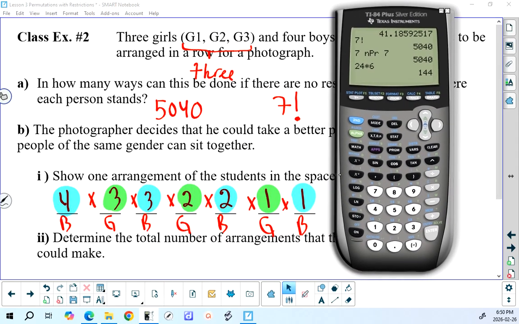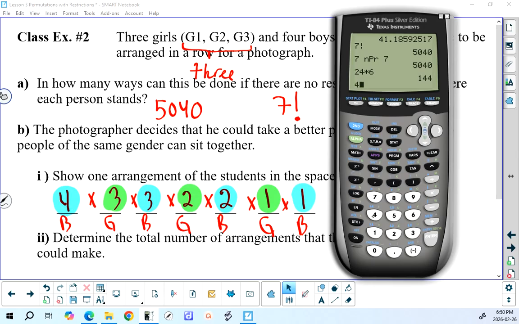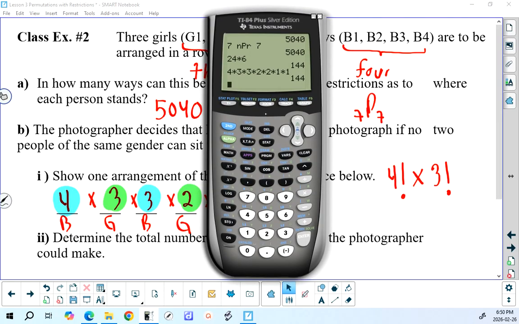If you want to do all of the extended multiplication, 4 times 3 times 3 times 2 times 2. I feel silly saying times 1, but there you go. You get 144. If you want to say 4 factorial, 3 factorial, you get 144.